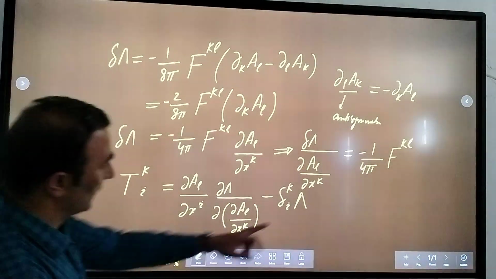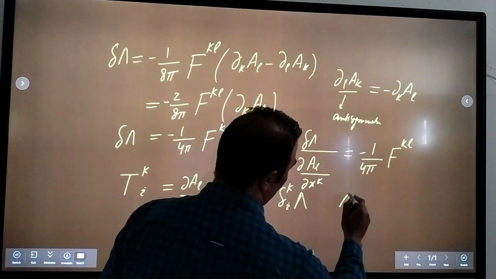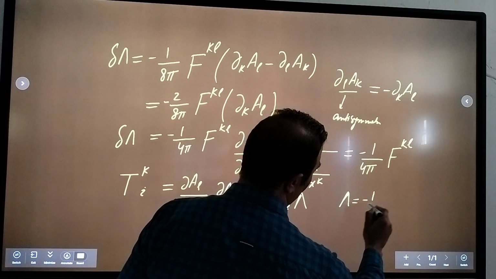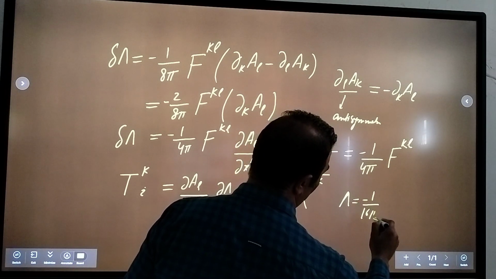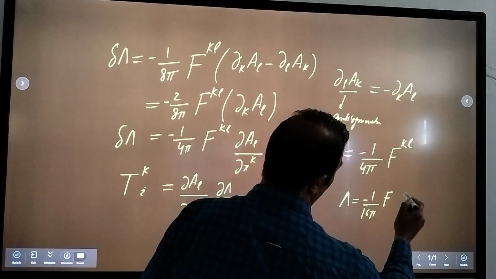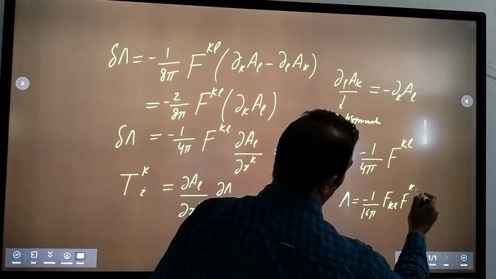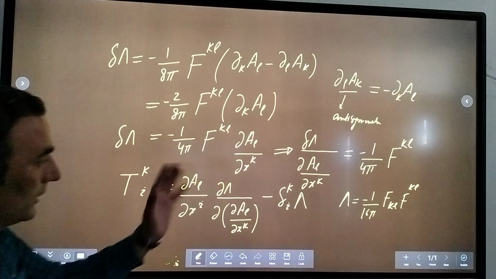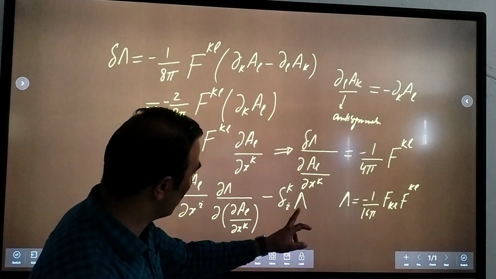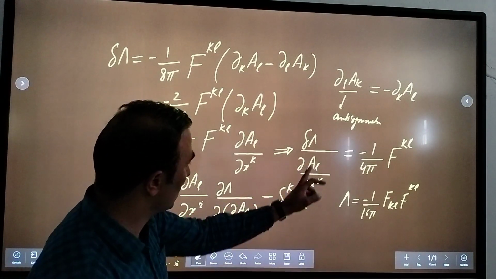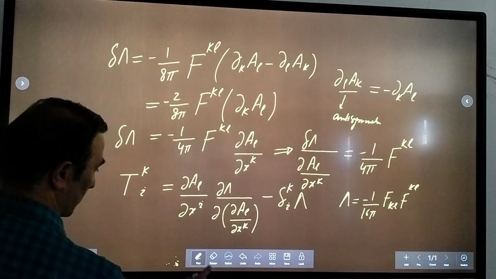And this lambda, we have minus 1 by 16 pi F K L, and write any indices here. Okay, so instead of lambda I will use this, and instead of partial lambda by this I will use this.